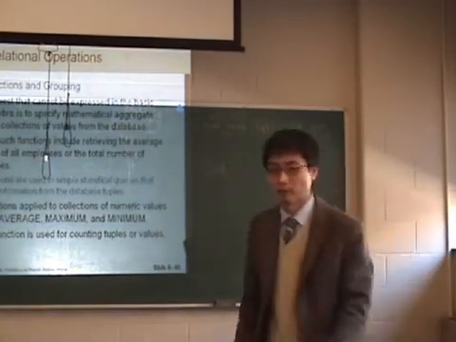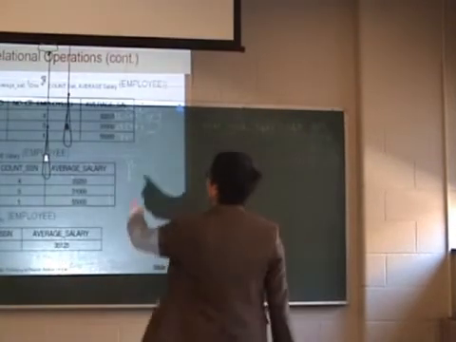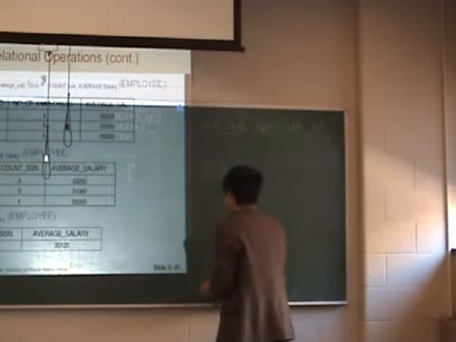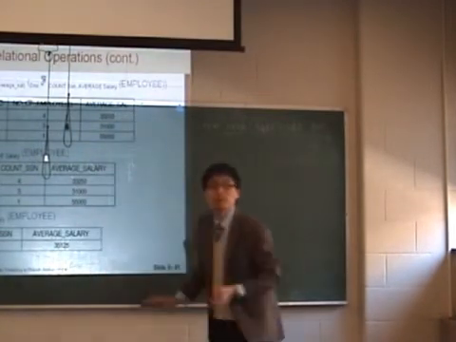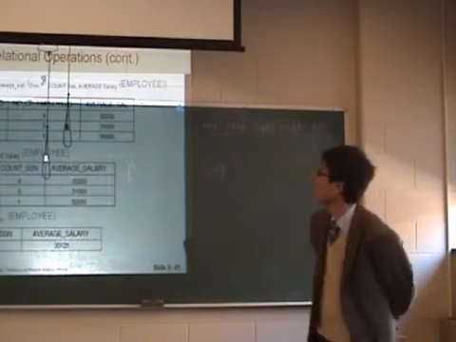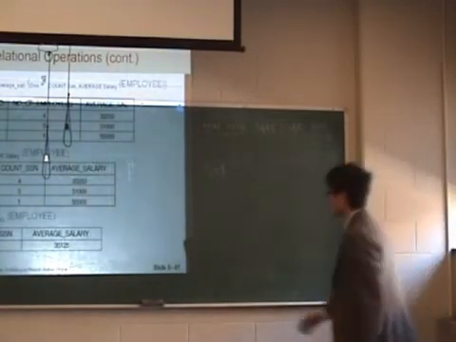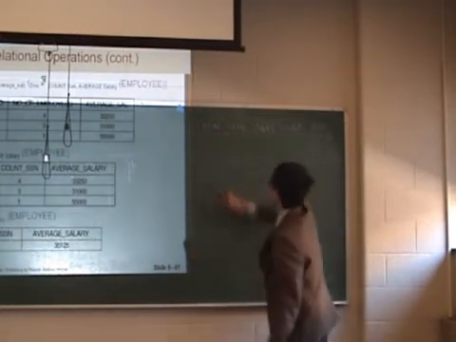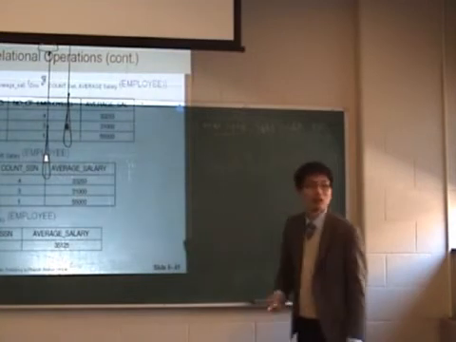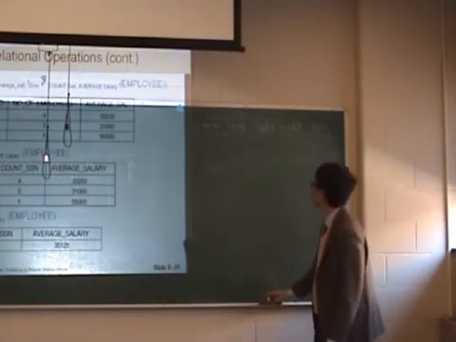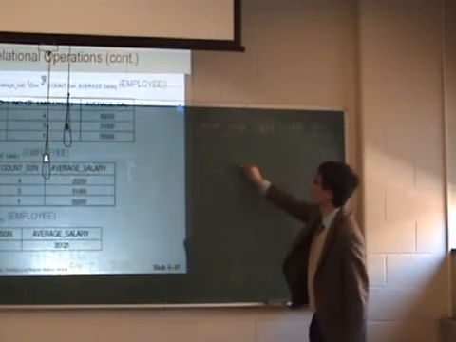For example, first, I'd like to retrieve the number of employees and average salary for each department, which means what is the grouping factor? Department number, right? Then, what is the aggregate function?